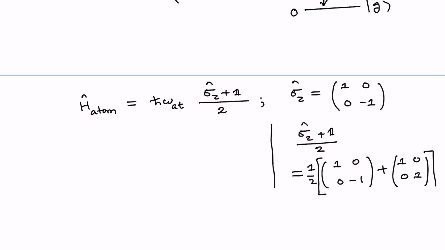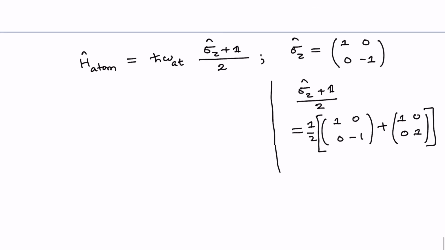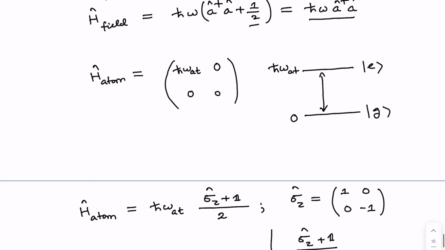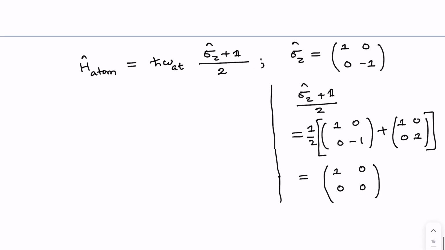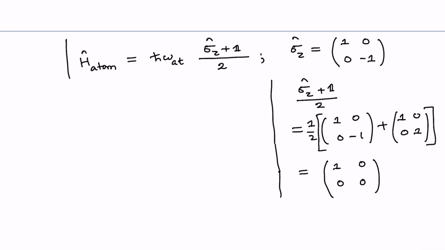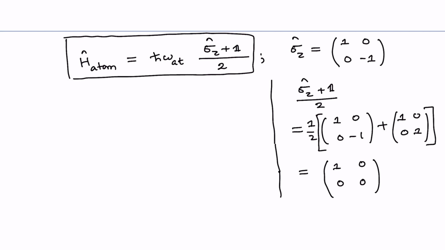So immediately you see that you are going to get 1 0 0 0, right? And then when you multiply by h cross omega atom, you get this matrix form of the Hamiltonian. So our two-level atom can be written in this particular form.